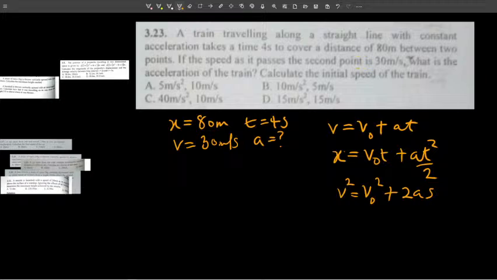Now we're given a train traveling along a straight line with constant acceleration. So let's brainstorm together, the live section. How can we solve this? Anybody in the comment section?